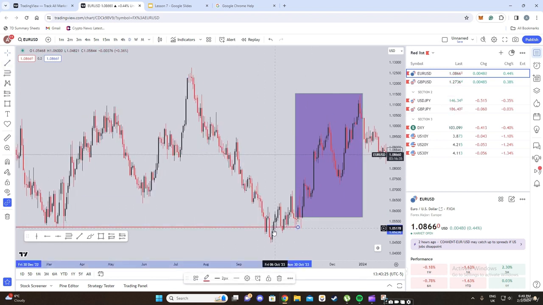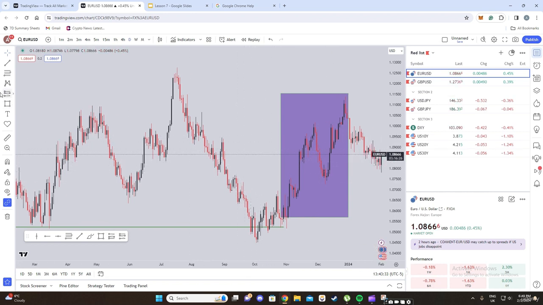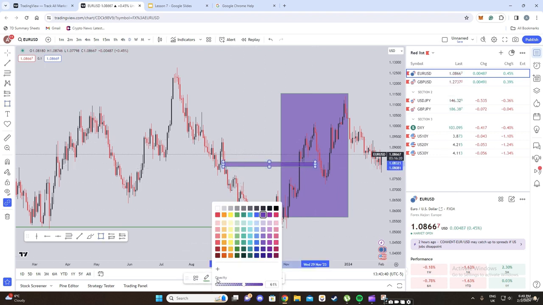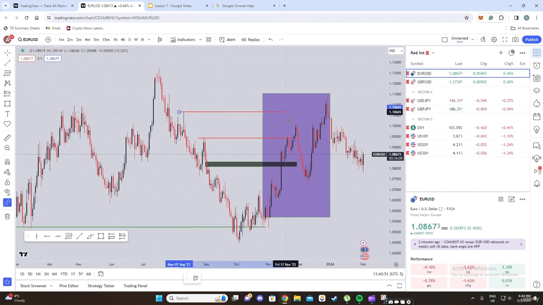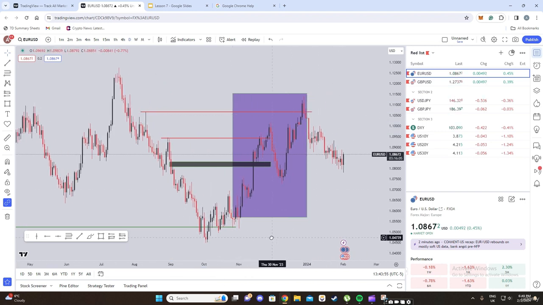So that gives us an idea that price already took the sell stops and should now be trading higher to where? To the key levels in our chart. As you can see here we have a gap. Let me change the color. Here we have buy side liquidity. Same in this swing high, buy side liquidity. So you would mark out your liquidity points.